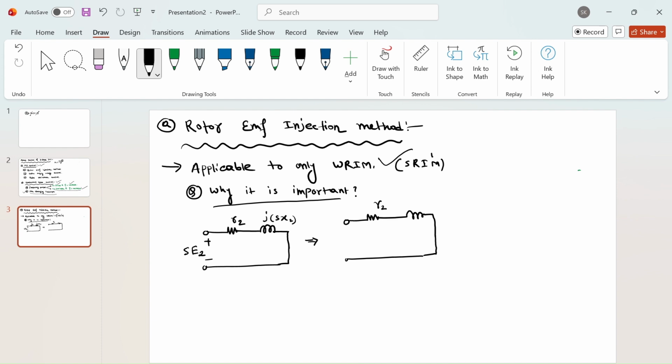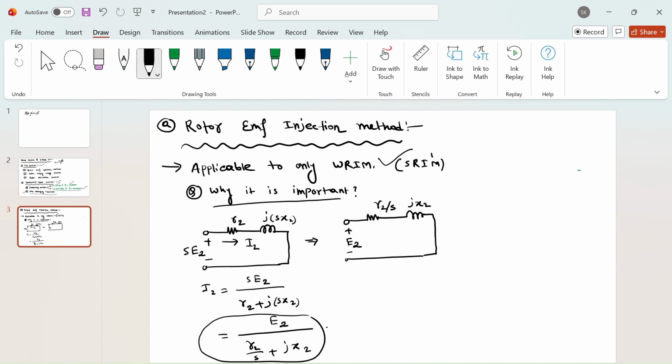If you divide the entire equation by slip, you will get E2, R2 by S, jX2. Let's say this current is I2, so I2 is nothing but SE2 upon R2 plus jSX2. You can divide these equations by S, giving R2 by S plus jX2. So this equivalent circuit is now this one.